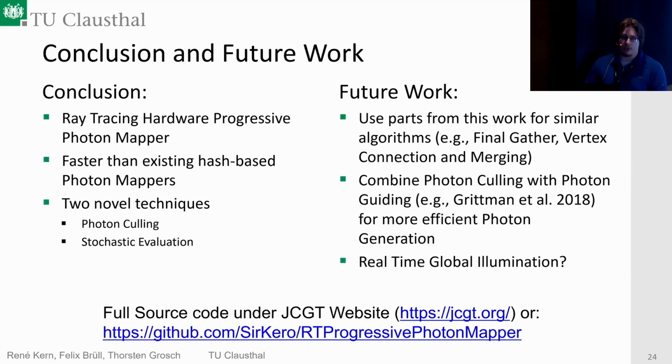Basically, to get good photon paths in the first place, so we don't have to discard as many photons. Also, because our photon mapper is pretty fast, real-time global illumination is imaginable, but then some kind of filter would need to be used.